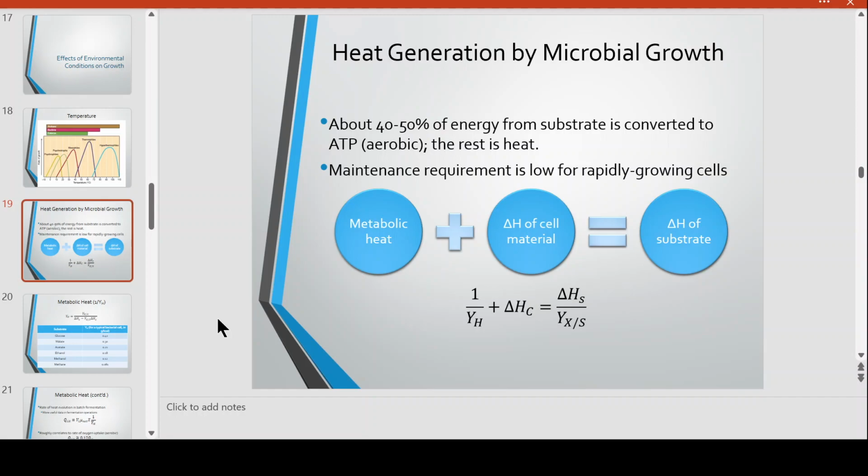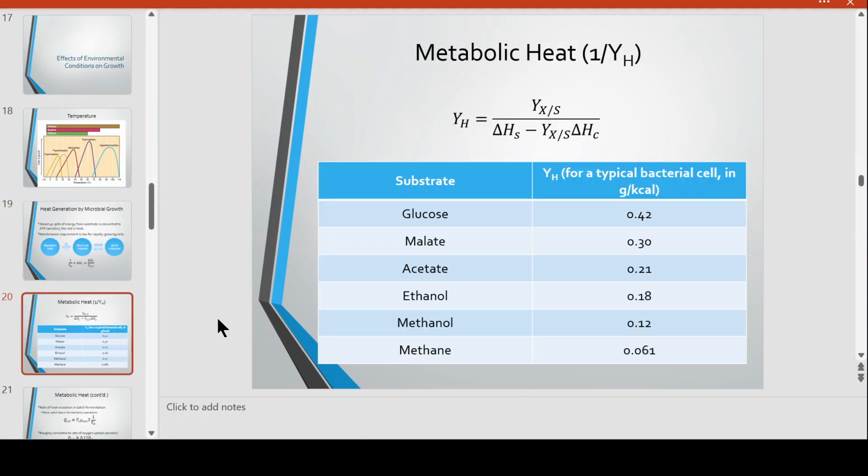The energy from the substrate is divided into the metabolic heat and the delta H of the cell material. As a chemical equation, we have the metabolic heat, 1 over YH, plus the heat from the cell material, equal to the heat of the substrate.